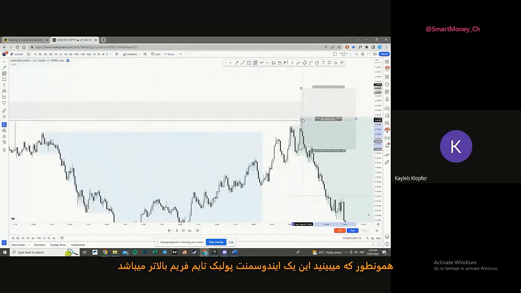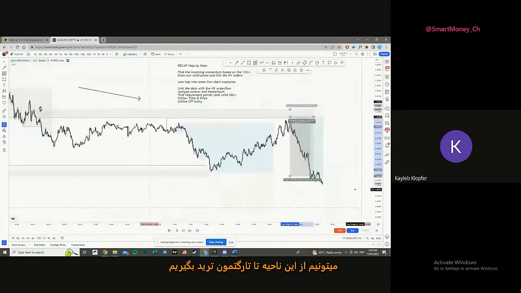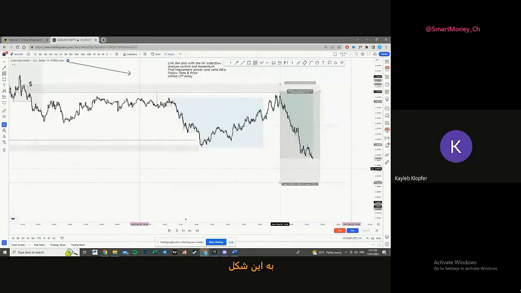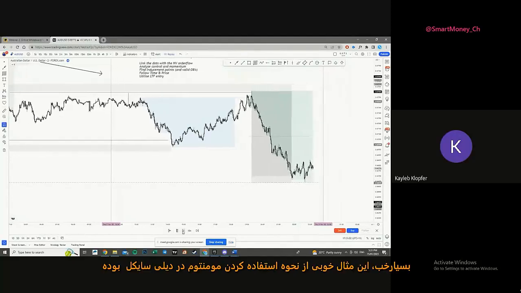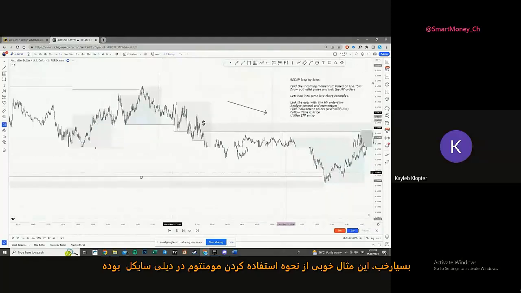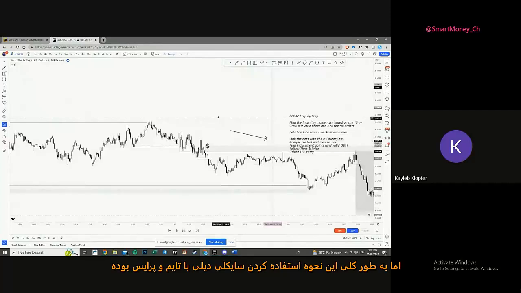We can see there's an inducement pullback on a higher time frame. We can put in our trade from our zone to our target, just like that. Press play. See it take profit. There we go. Cool. So that's a cool example of how we can use momentum within the daily cycle.